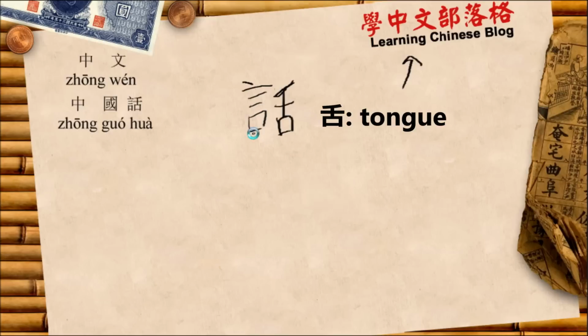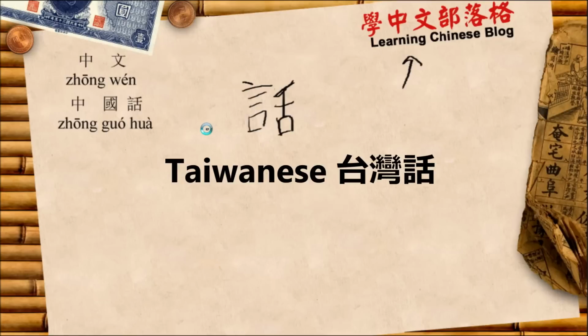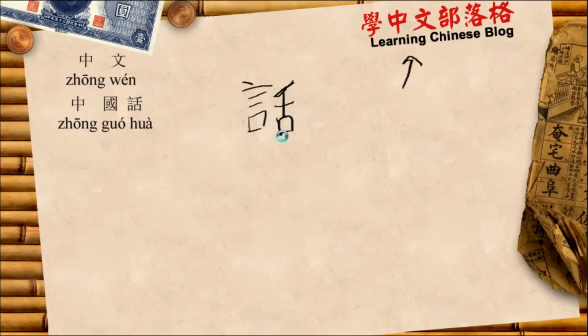Anytime you see this character, 话, it could be like in China, I know they have different dialects, same in Taiwan. In China, they say 中国话, but in Taiwan, the dialect is called Taiwanese, so we say 台湾话. That's a different usage of this word 话, but it always means something spoken.